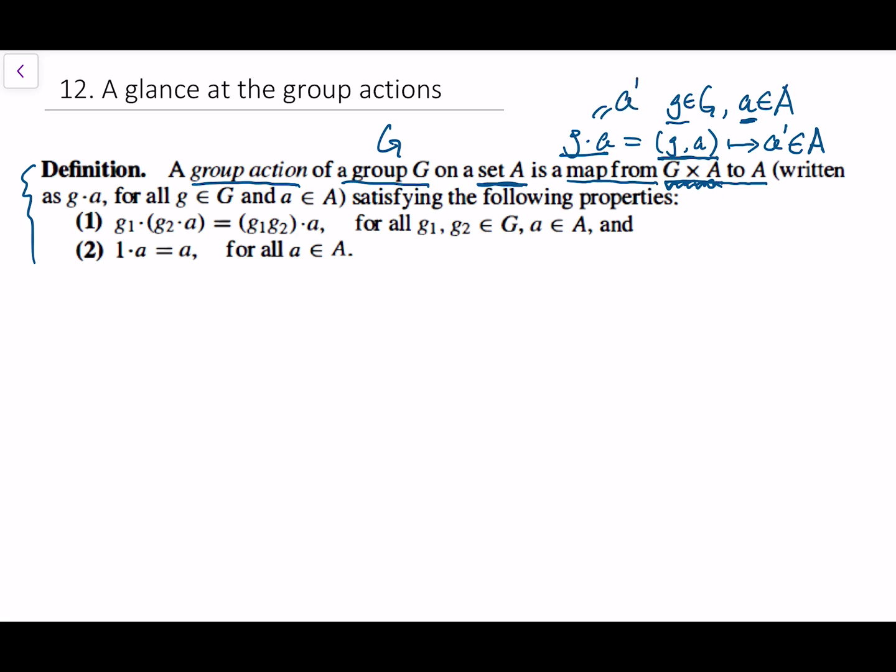The reason why we use this notation is to show that we use the element small g to act on one element of the set A, which is this small a, and we get another element a prime. So this is the group action.